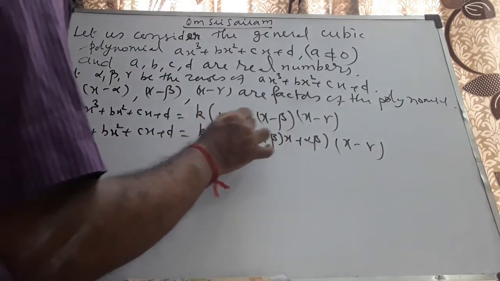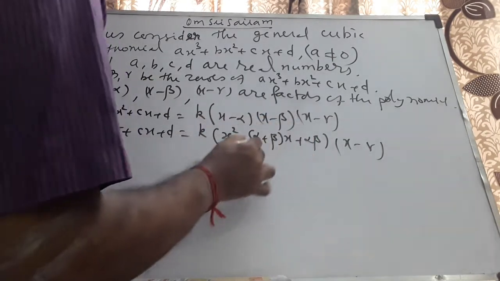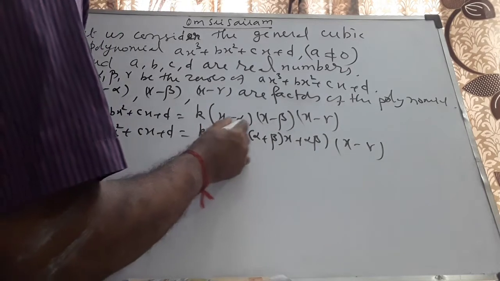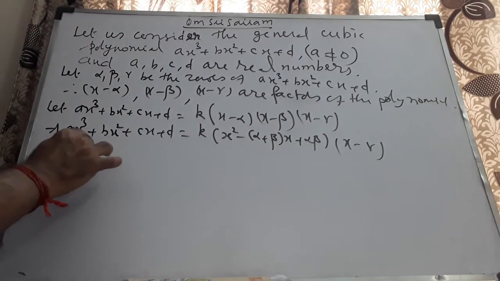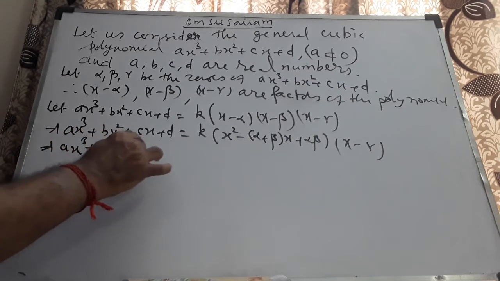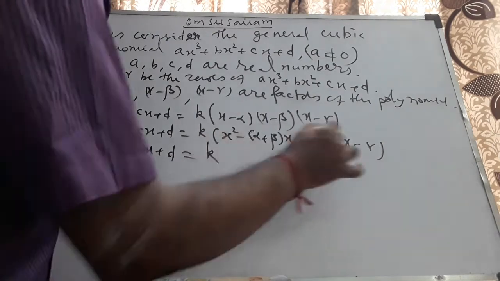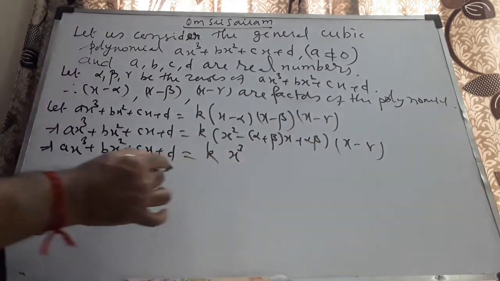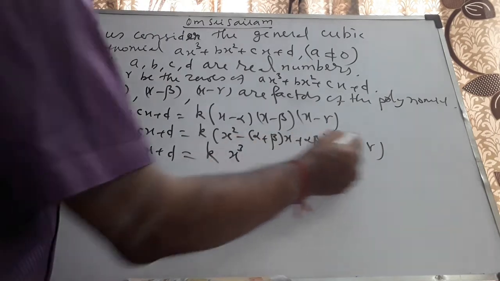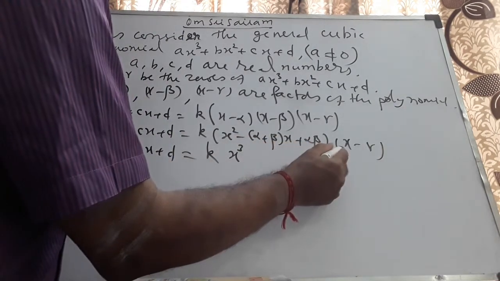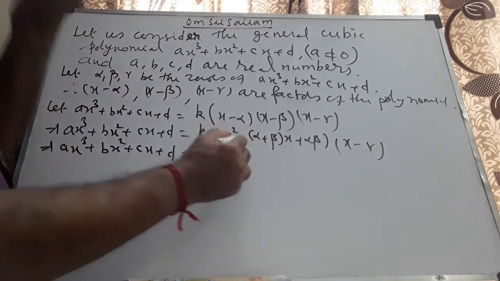Expanding this, ax cube plus bx square plus cx plus d is equal to k into, here again x cube, just listen carefully, for x square I will have alpha beta into x, plus beta gamma plus gamma alpha.